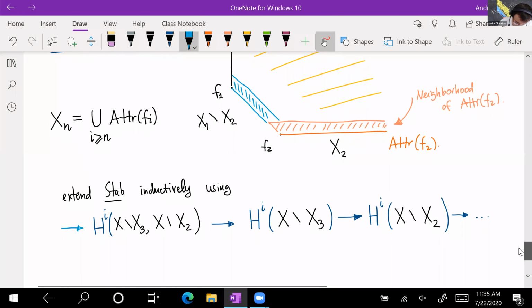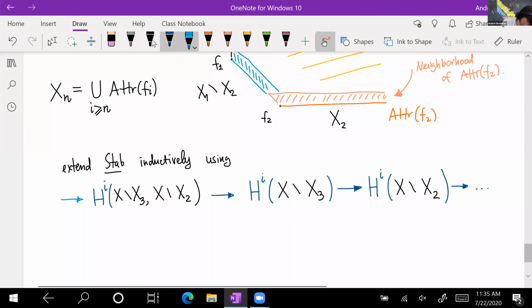This is the Thom space of the normal bundle to the attracting manifold of X2.